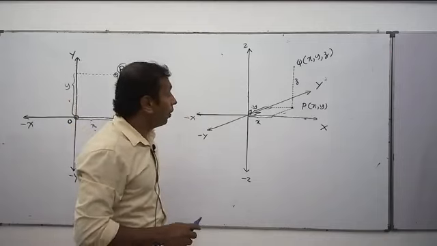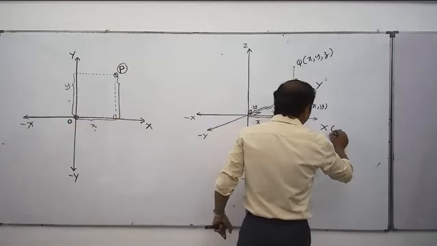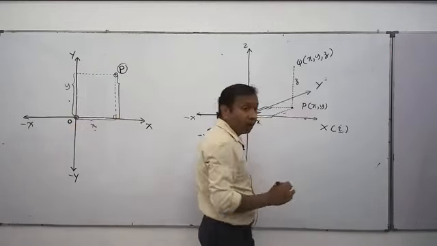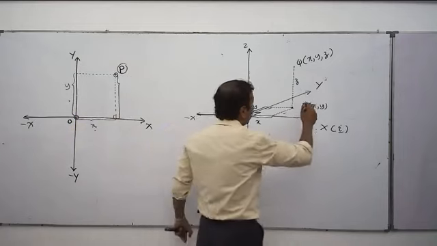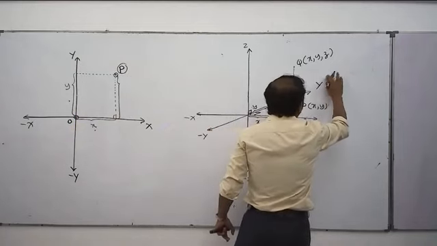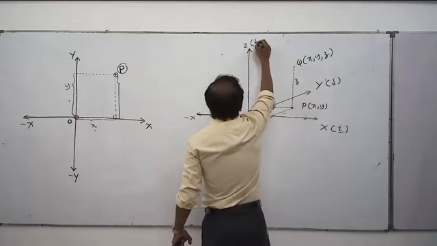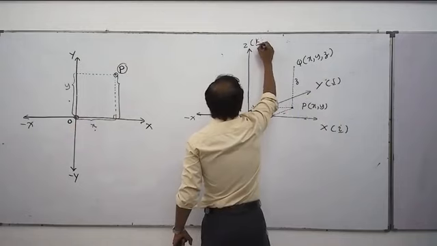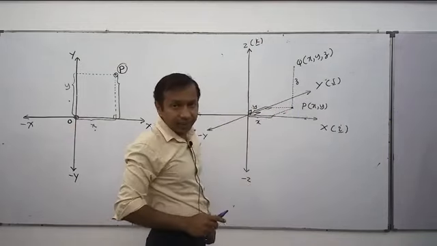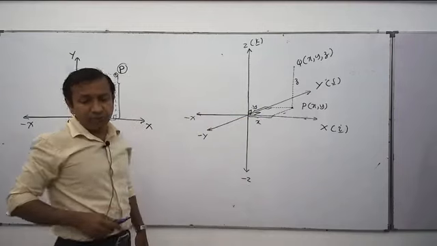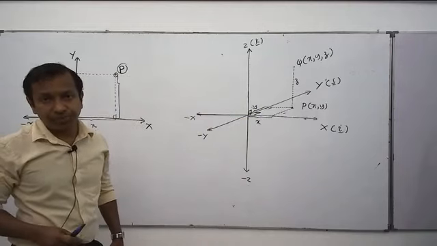Now you know along x-axis, the unit vector we took as i, y-axis it is j. Like that, along z-axis, the unit vector we take as k. Understand? About this k you should know something.